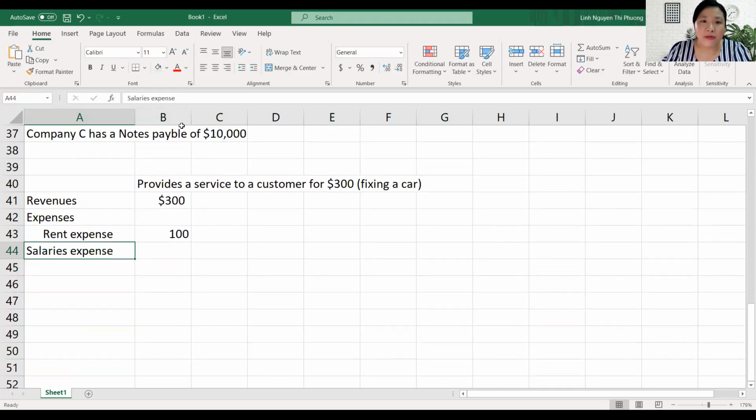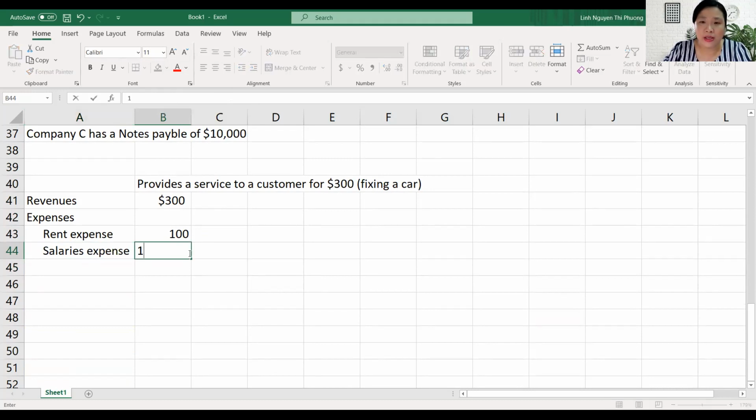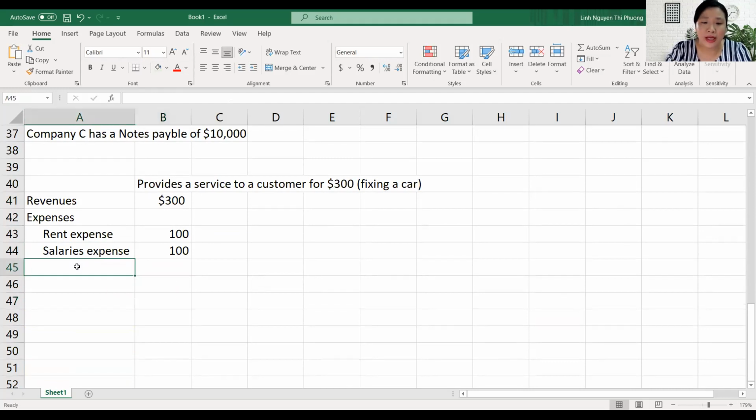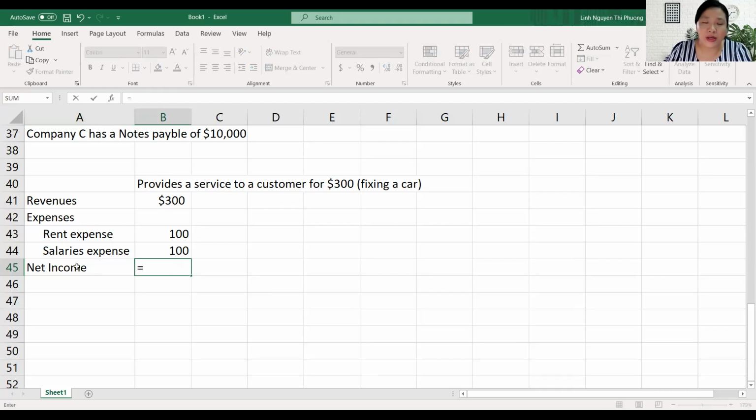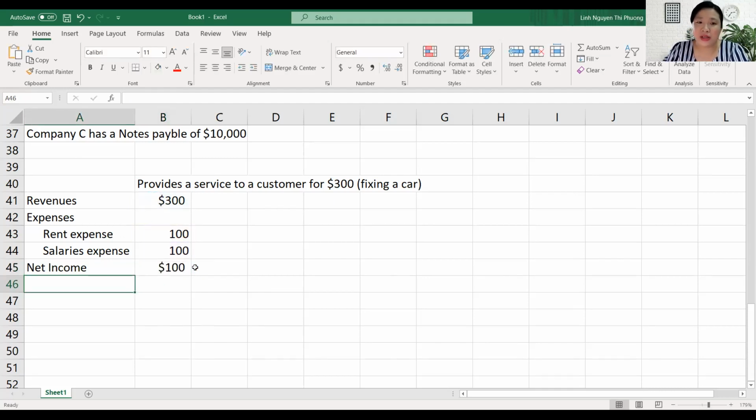For example, salary will be $100. So we're going to have a net income of $100. So it will be $300 minus $100 and minus another $100, and so we get $100.